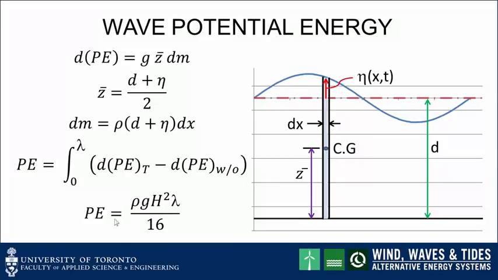If you do that, you get a formula exactly the same as the term for the kinetic energy, rho g h squared times lambda divided by 16. So the kinetic and potential energy terms are exactly equal in magnitude.